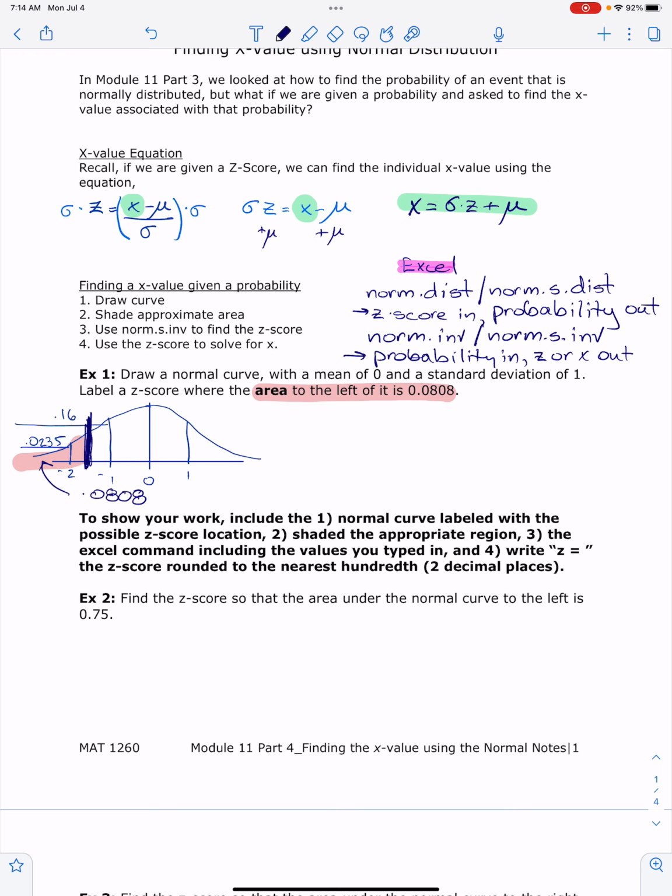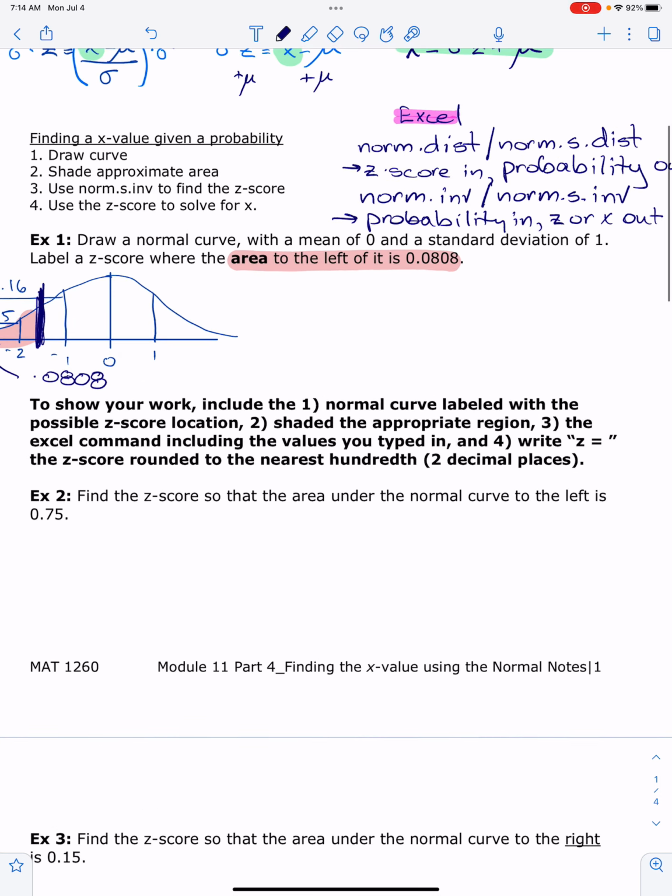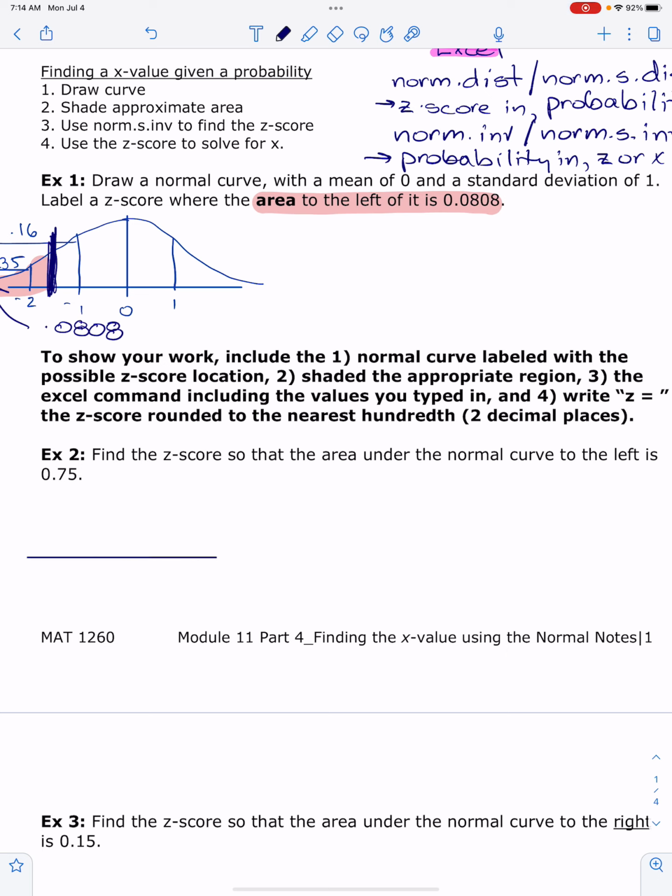So example 2: we want the z-score where the area under the normal curve to the left is 0.75. First things first, we know that the median is 50.